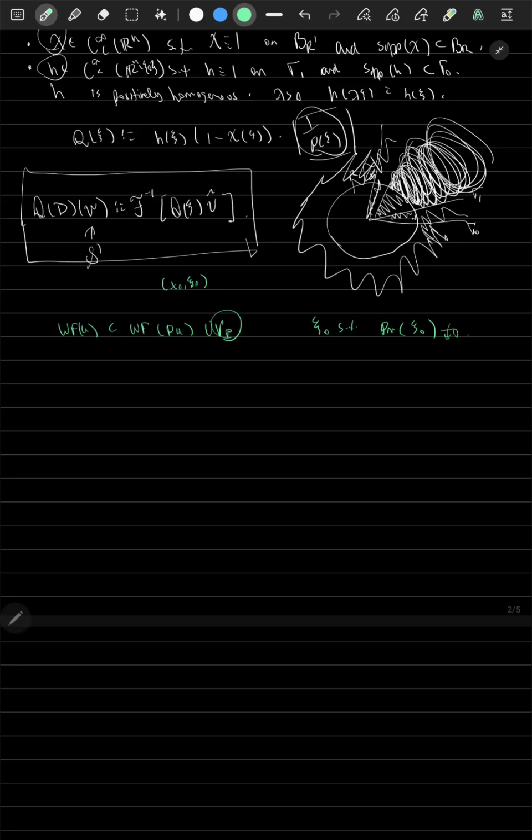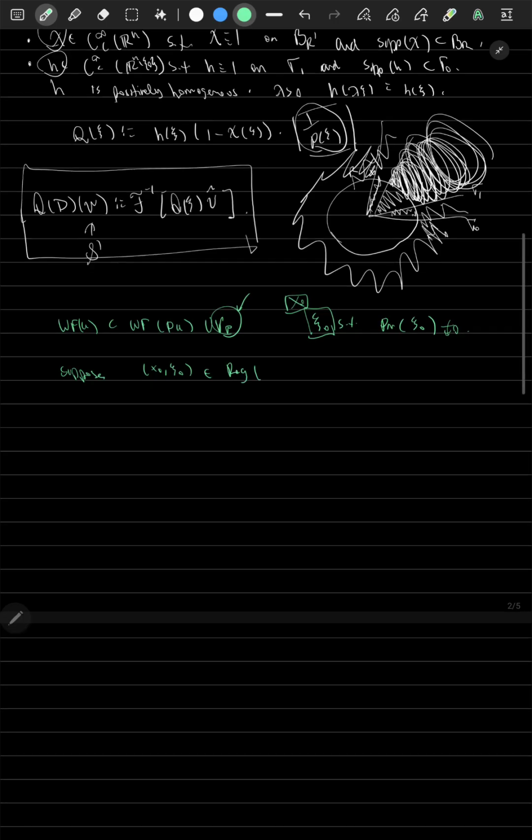Okay, and so this x0 doesn't matter that much because we're in constant coefficients. So let's just fix any x0, and we fix our xi0 such that we're not in here. So now we only need to choose our xi0 such that we're also not in here. So let's do that by assumption. So suppose (x0, xi0) is in the regular set of Pu.